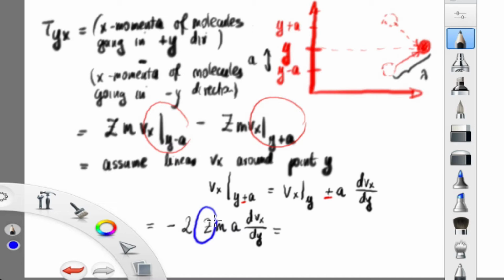This was 1/4 n average u. This was 2/3 lambda. So that's 2/3 times 1/√2 p d square n.